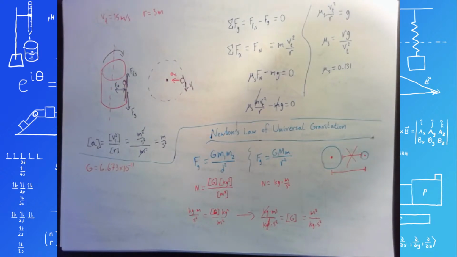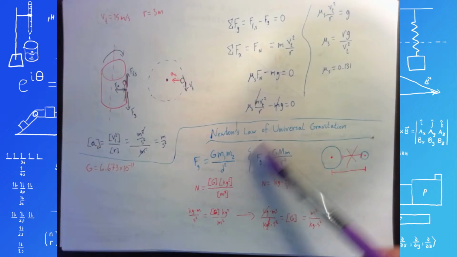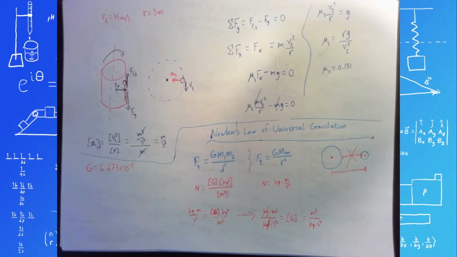So if we equate this to mg, if I want to figure out what's the acceleration, because this is a force after all, and I want to figure out what's the acceleration that that force can cause for an object, well, then we can just use Newton's second law there.